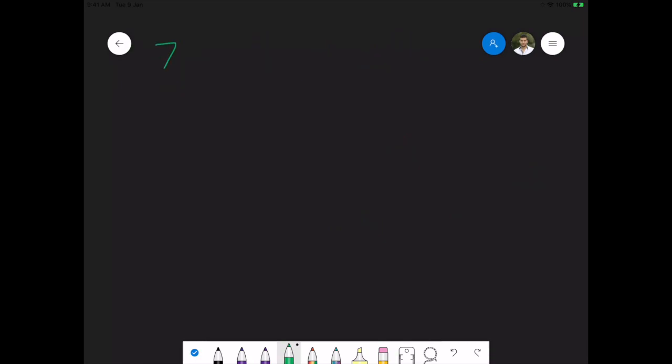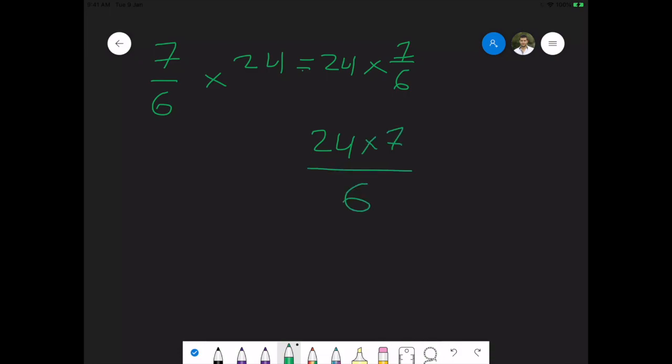Let's look at the last example for today. If I have 7/6 of 24, it means this is equal to 24 of this 7/6. It means 7/6 is repeated 24 times. Therefore, I can rewrite my equation like this. And I can think now if I can further simplify this and see any part of the numerator can be simplified with the denominator.